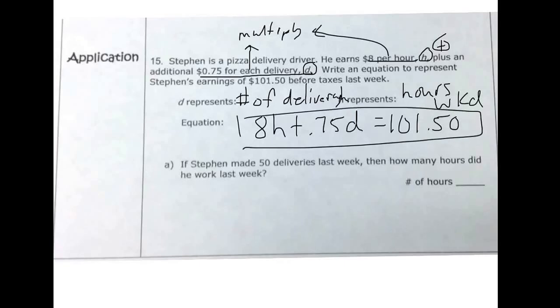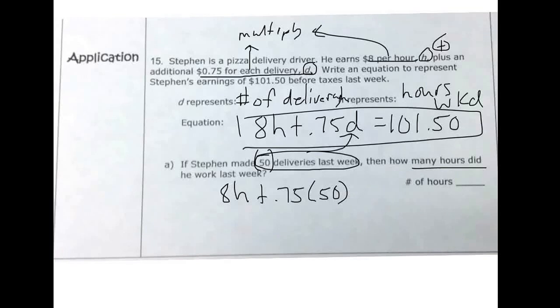Part A says if Stephen did 50 deliveries last week, how many hours did he work? So now we know that D is 50, and so we're going to use parentheses and plug it in, and it'll look a lot like the problem we just did, except it has real world applications here. So it'll be 8 hours plus 75 cents times his 50 deliveries equals 101.50.